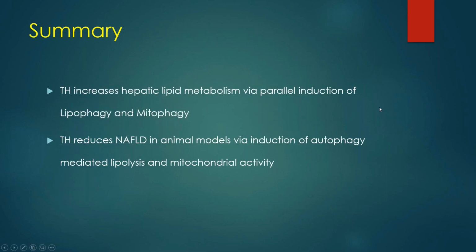So what was the summary of my research? What I could decipher from my studies was that TH increases hepatic lipid metabolism via parallel induction of lipophagy and mitophagy, and TH, thyroid hormone, reduces NAFLD in animal models via induction of autophagy mediated lipolysis and mitochondrial activity. So definitely thyroid hormone had a promising effect in animal models of NAFLD.